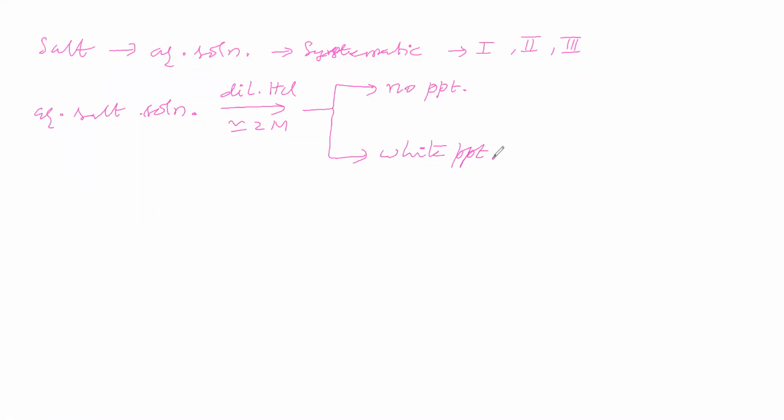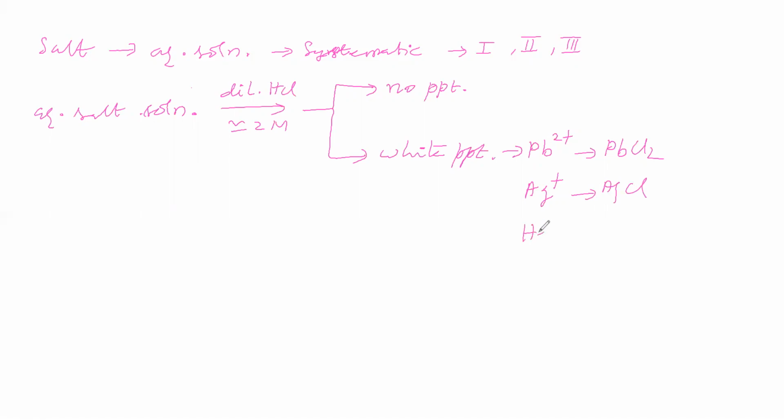Sir, which cations will precipitate as a white precipitate in group 1? Among the cations, Pb2+ precipitates as PbCl2, a white precipitate, since we are adding chloride. Next possibility is silver: Ag+ precipitates as AgCl, a white precipitate.